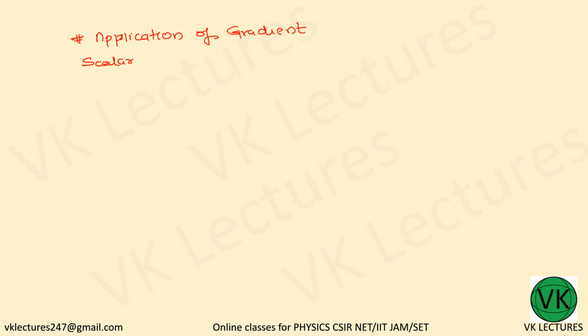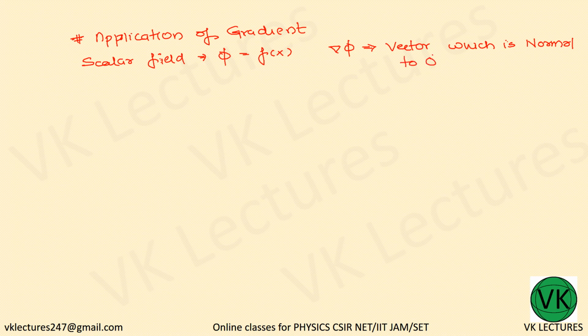We have a scalar field which is given by phi, let this be some f of x, a function of x. Then del phi is nothing but a vector. It will be a vector which is normal to phi, or normal to the surface.